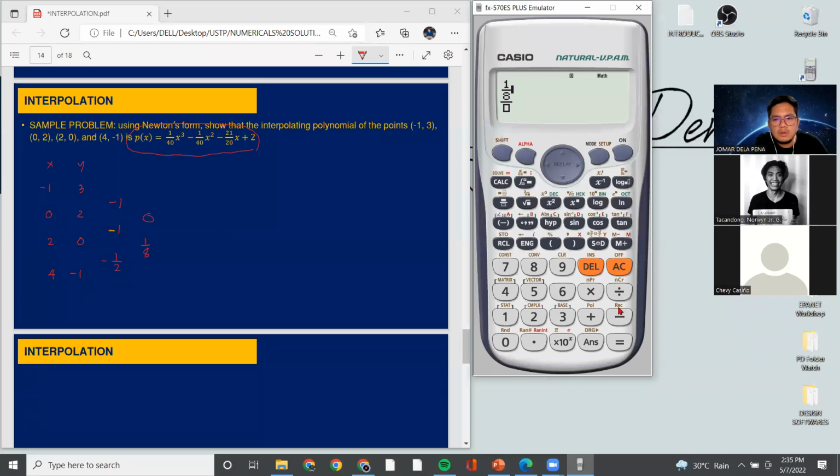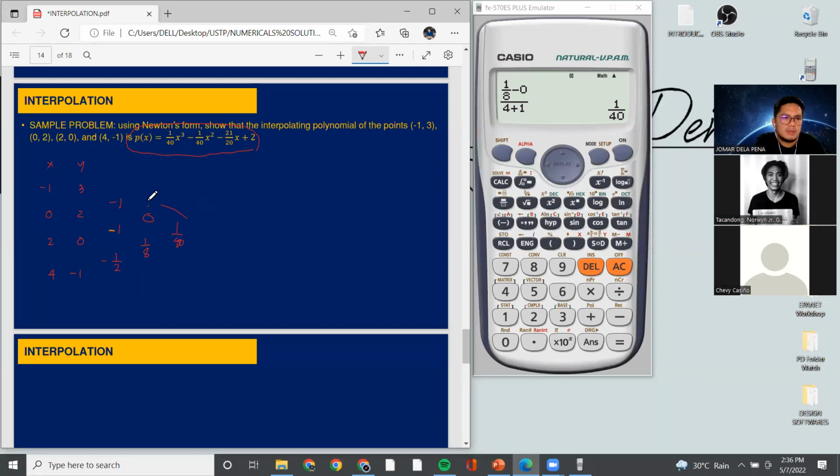1/8 minus 0. No? Butang lang na ito ang 0. And then we have 4 minus negative 1. So plus 1. And we have 1/40. Okay? 1/40. Then sa atong equation, mauna rin na itong gamitan nga y sub 0, function of x sub 0, function of x sub 1, function of x sub 2, function of x sub 3.